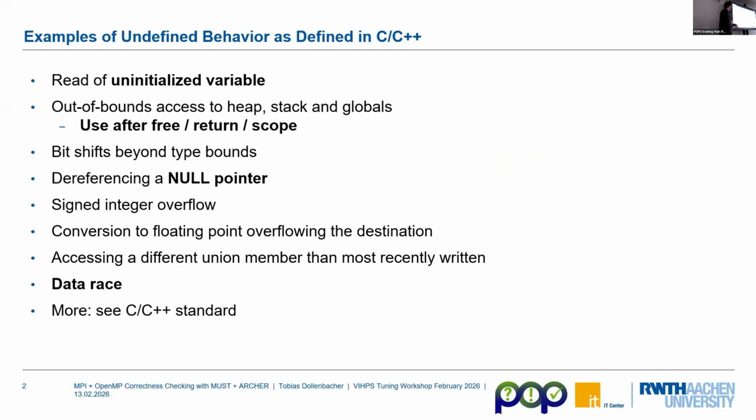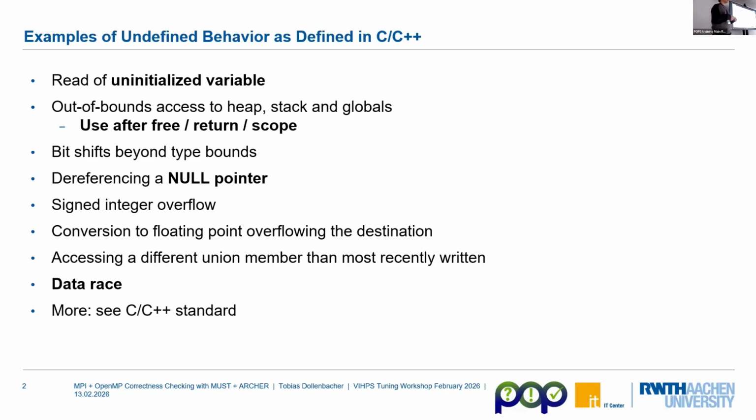And this is just a brief list of what could be undefined behavior. If we read an uninitialized variable, or we do something with the memory after it was freed, dereferencing a null pointer. But most importantly, this bottom part here, a data race, is also undefined behavior.